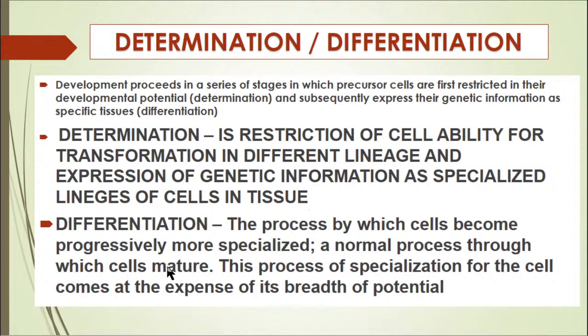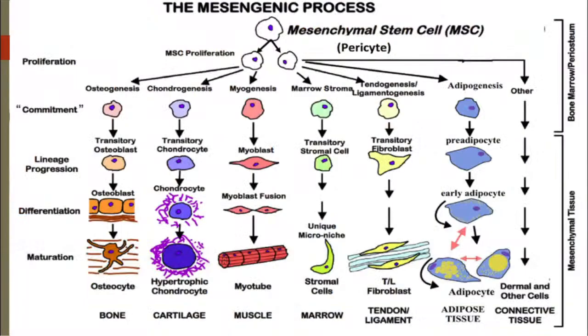Differentiation is specialization of cells, progressively more specialized cells, and this is the process to provide the realization of all potential, but the breadth of this potential inside one lineage of cells.